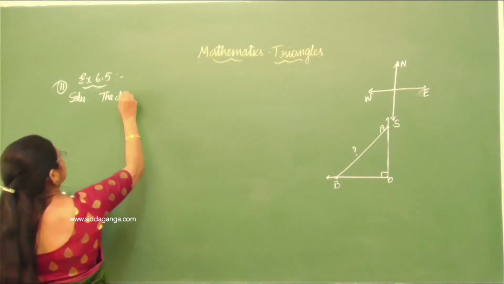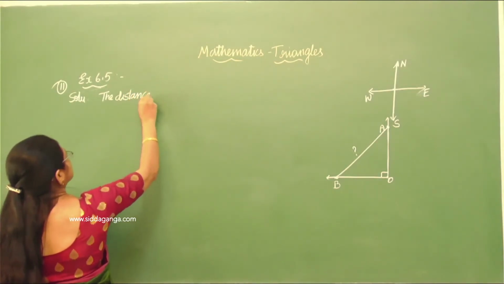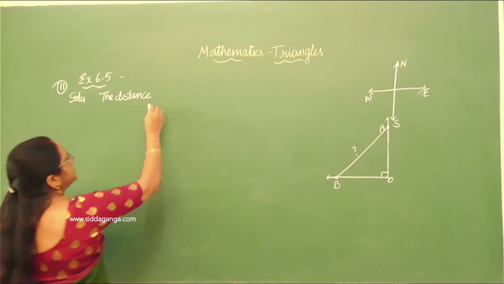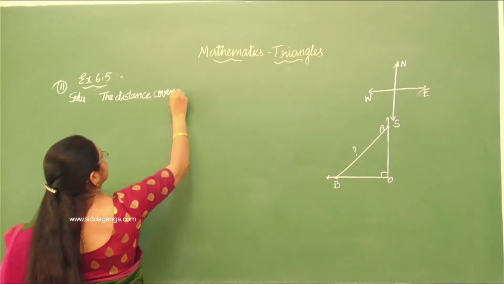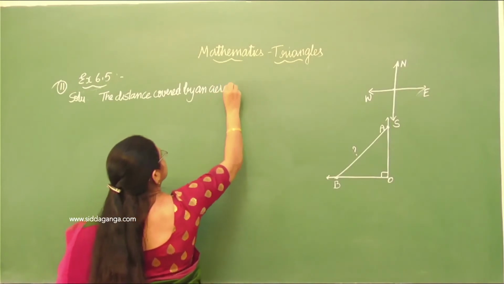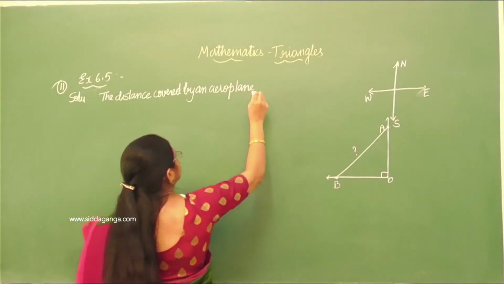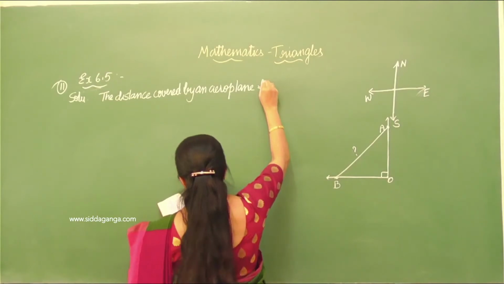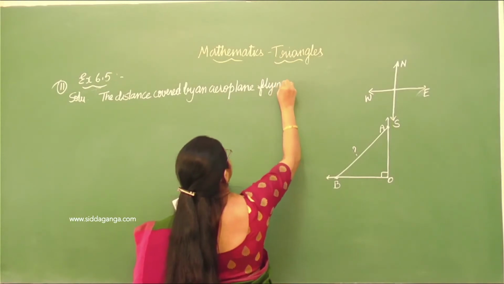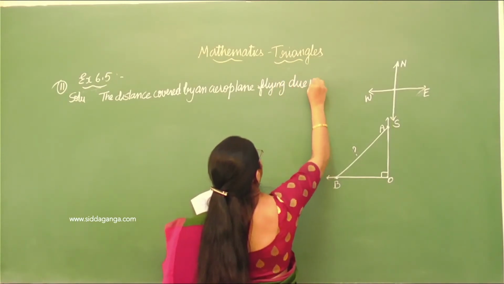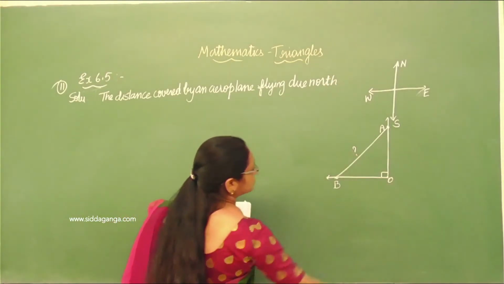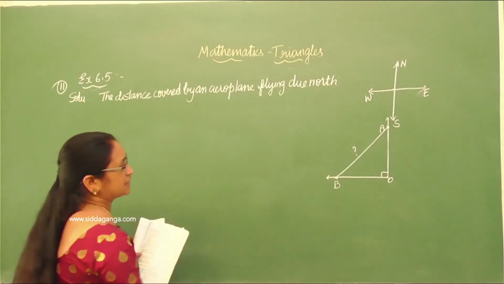The distance covered by an aeroplane flying due north is given by, you have to show what the diagram indicates there, that is OA.